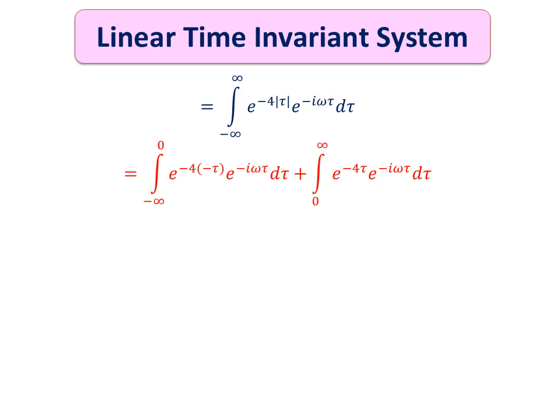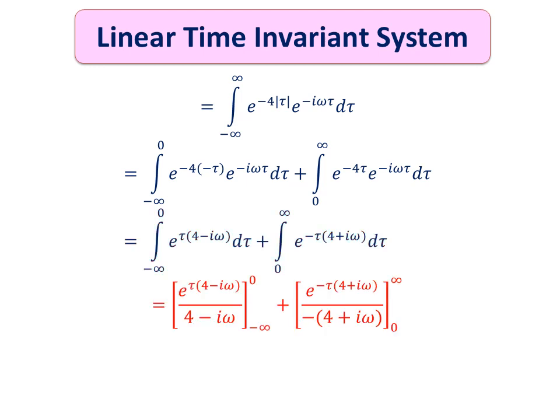Since tau takes two different signs, this modulus of tau I can split into negative tau for the negative limit and positive tau for the positive limit. The bases are the same, so we combine the exponentials and we get e power tau into 4 minus j omega, and here it is e power minus tau into 4 plus j omega.